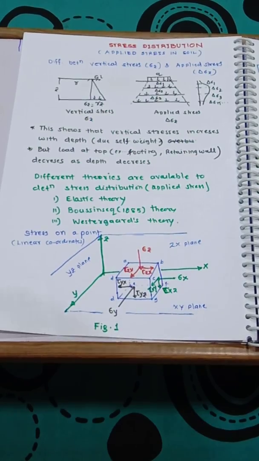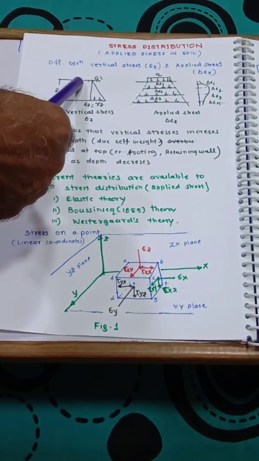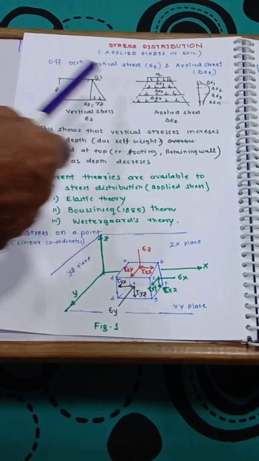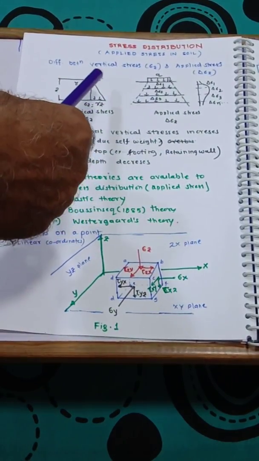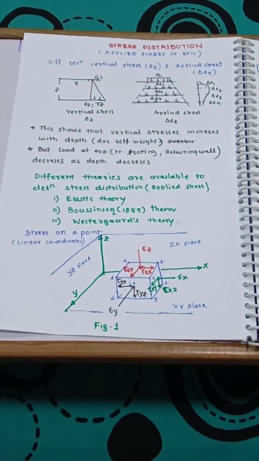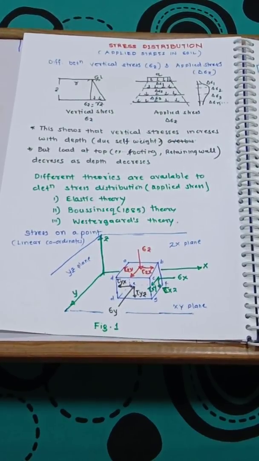We already studied in soil mechanics that the stress increases because of the self-weight in the vertical direction, it is gamma into z. Whereas the stress due to the applied load, this applied load may be anything, a point load, or it may be a uniformly distributed load, for example due to the footing of different shape, or raft.